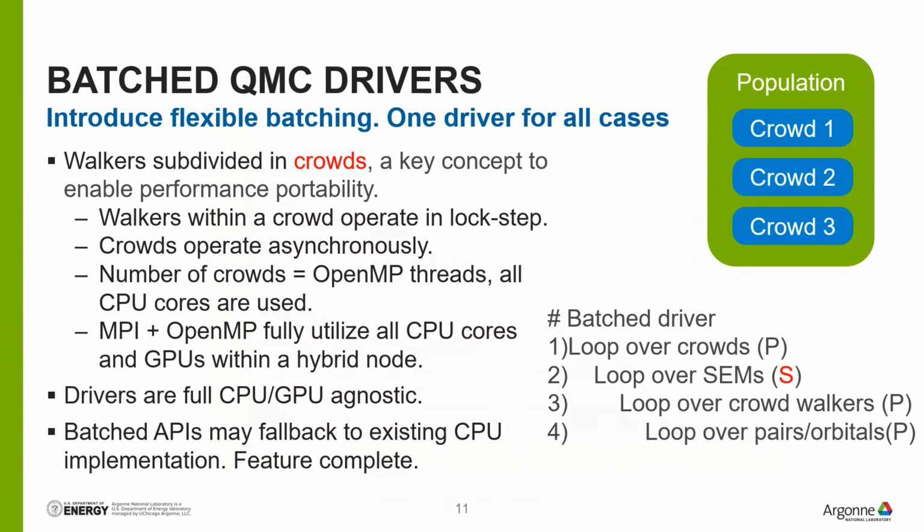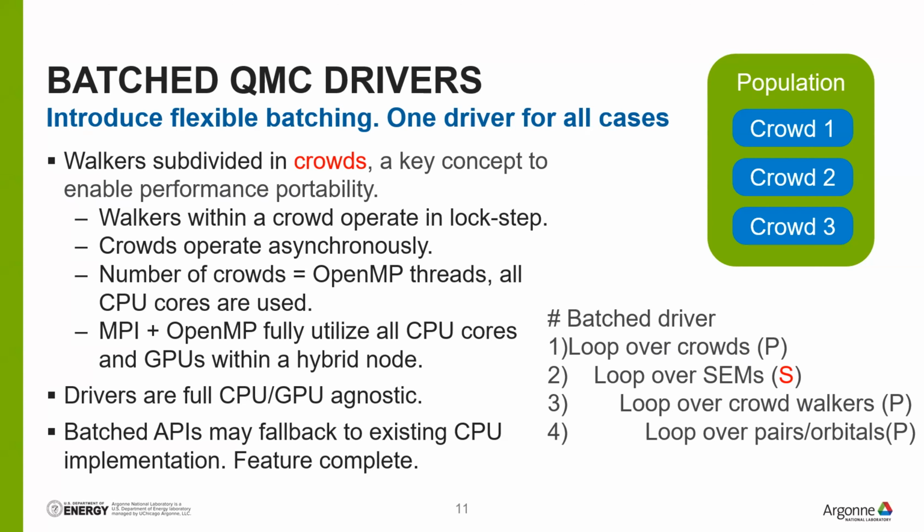If you look at the batch driver compared to the previous classic driver, like the CUDA driver, you will see that the levels changed from 3 levels to 4 levels. The worker loop becomes 2 loops: one is the crowd loop, and one is the workers-within-the-crowd loop. By doing that, this can now be easily matched to both CPU and GPU hardware.